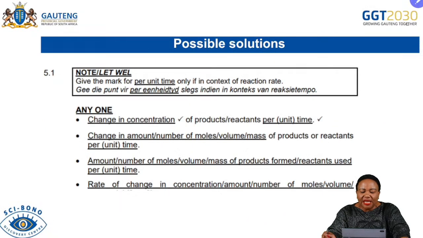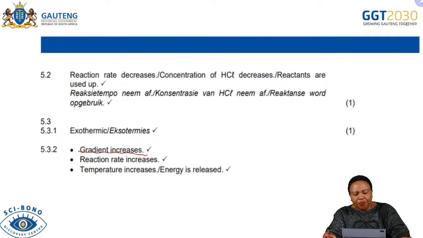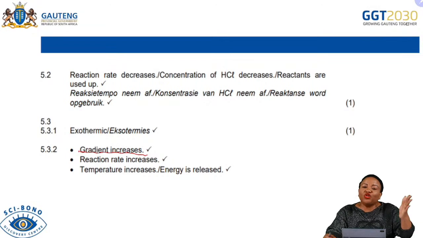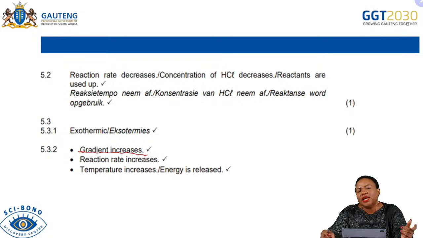So the graph here is steeper because there was an increase in temperature. And as the temperature increases, the rate of reaction will increase, and then the energy will be released. So as you increase the temperature, the steepness or the gradient of the graph will increase. Sometimes you can say the graph is steeper than before, showing that the temperature has increased, and therefore there will be energy release and the rate of reaction will increase.